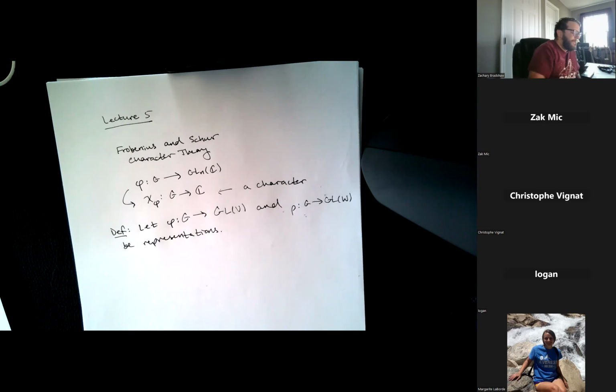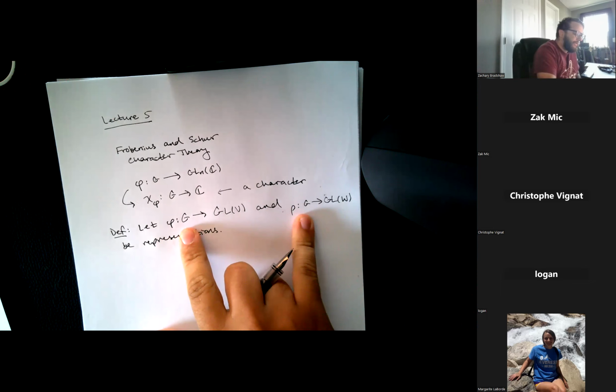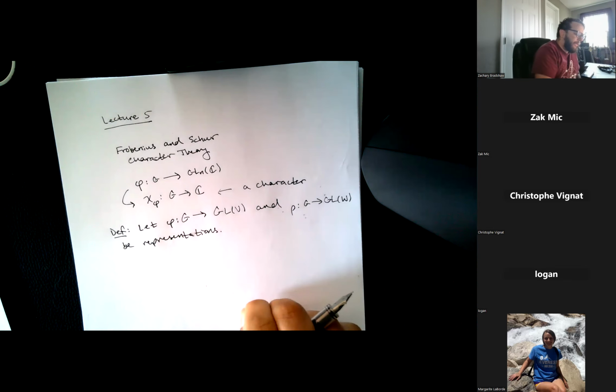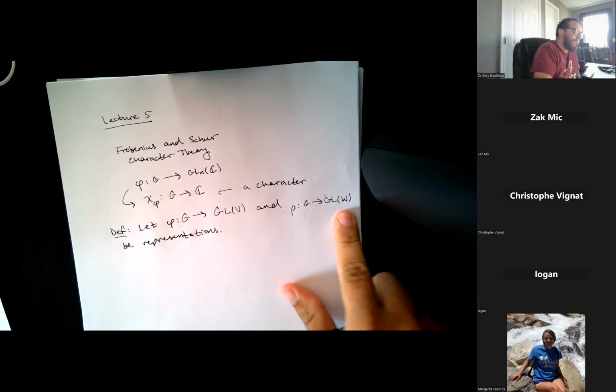So all of today, phi and rho will be representations, both of the group G, which will be finite, and phi will be acting on the vector space V, while rho will be acting on the vector space W.